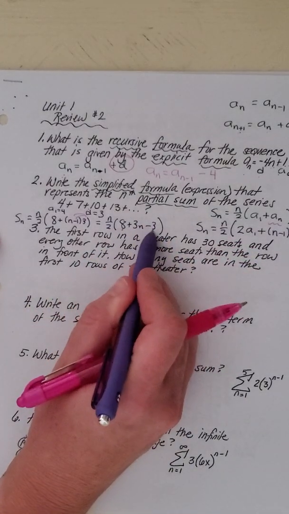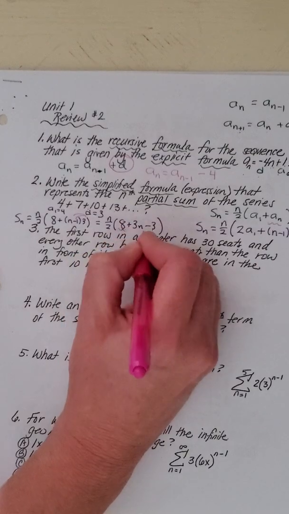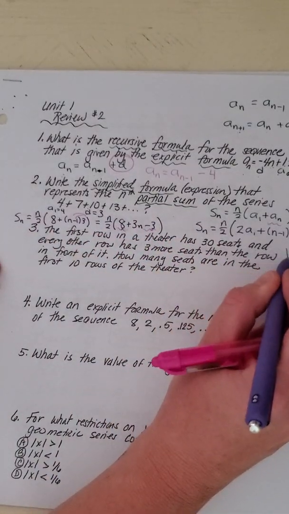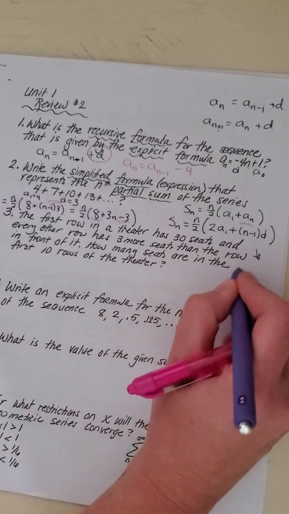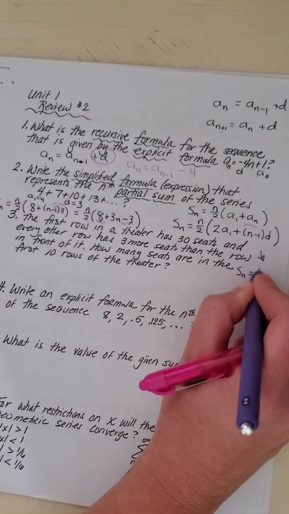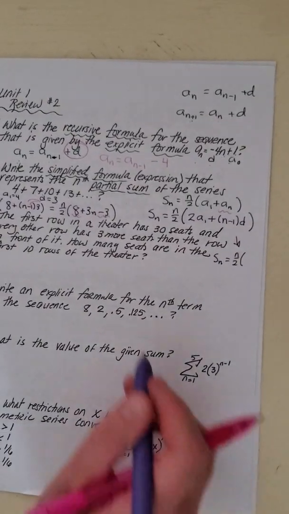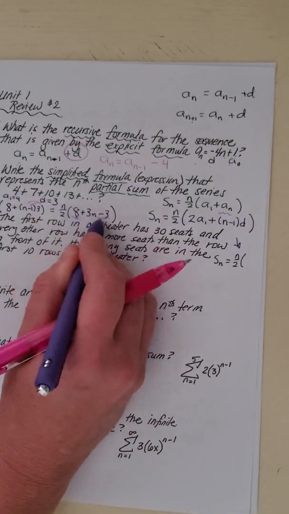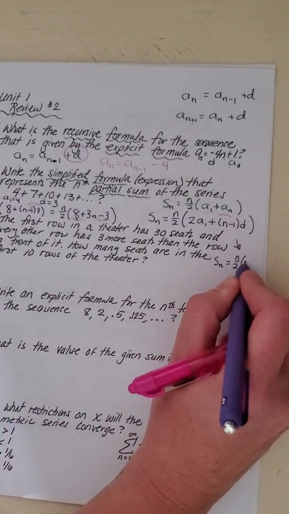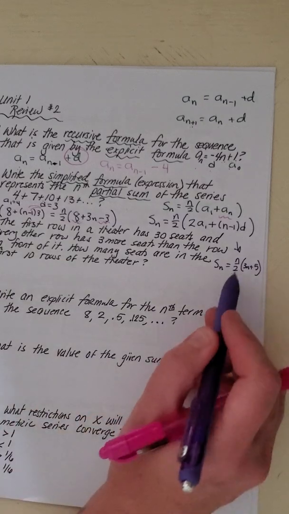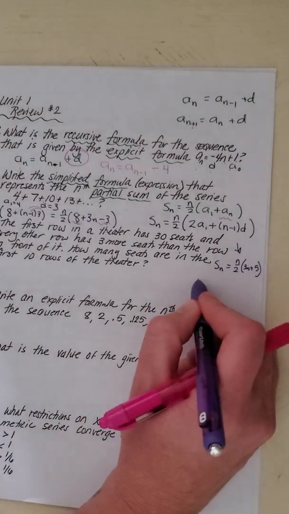When I combine like terms, my positive 8 and my negative 3, I will have s sub n equals n over 2 times 3n plus 5.